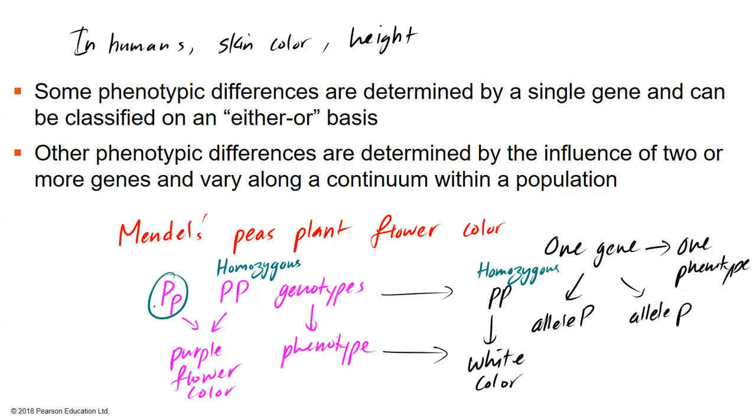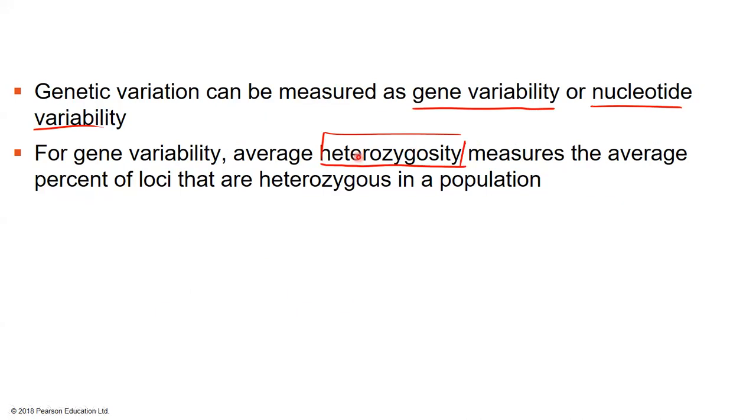But here we have two different alleles. This is a heterozygous genotype. Okay. So with heterozygosity, we are talking about the two copies of a gene, or the two alleles of a gene, being different. They have different sequences.